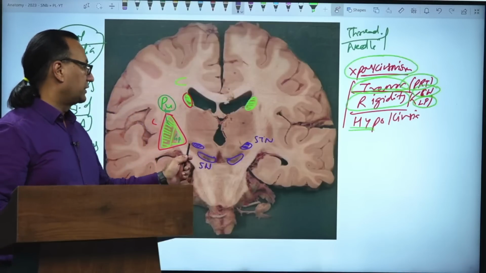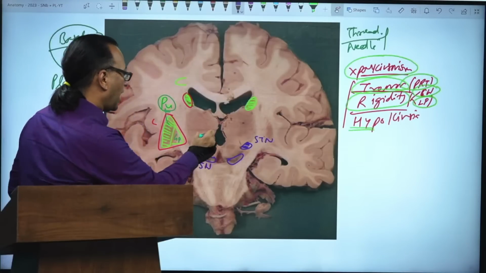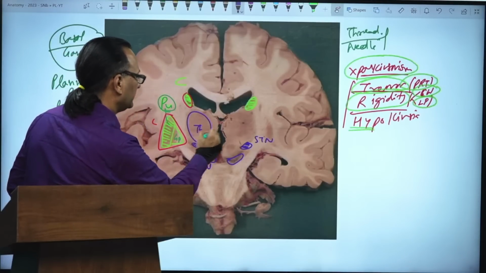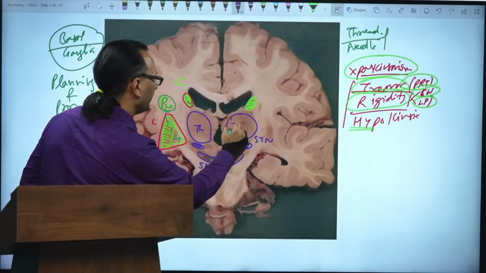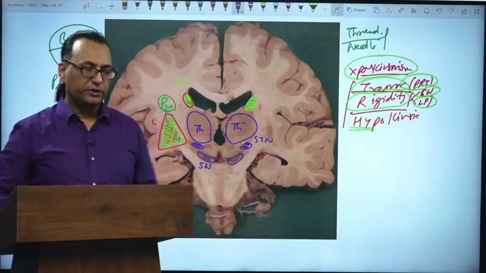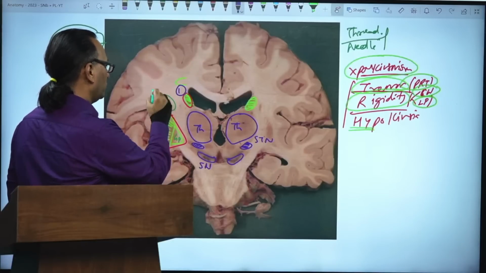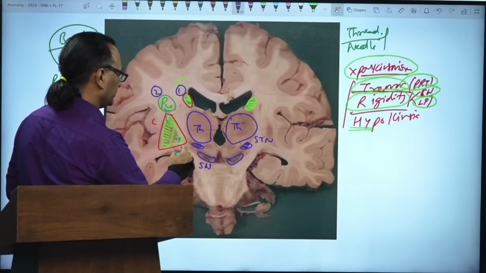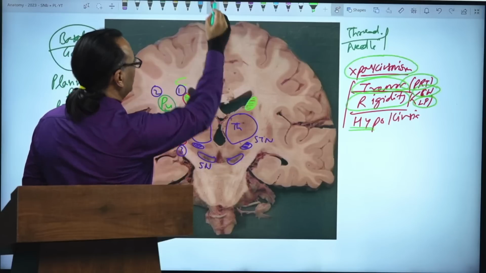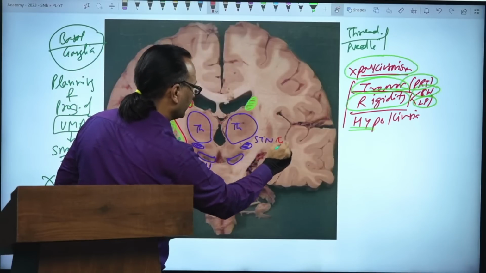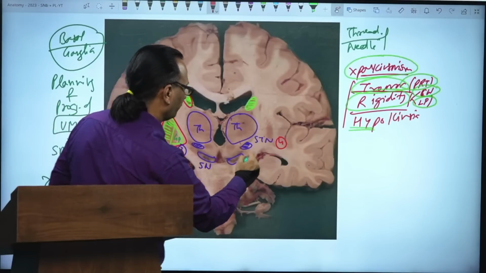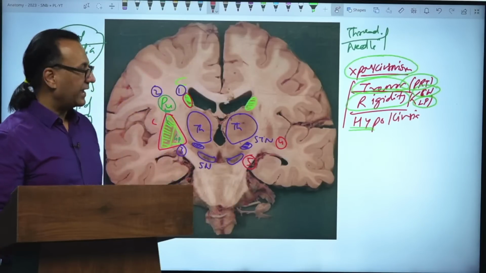The subthalamic nucleus lies under the thalamus, that is why it is called the subthalamic nucleus. So, this is number 1, this is number 2 and this is number 3, and then this is number 4 and this is number 5, five nuclei in basal ganglia.